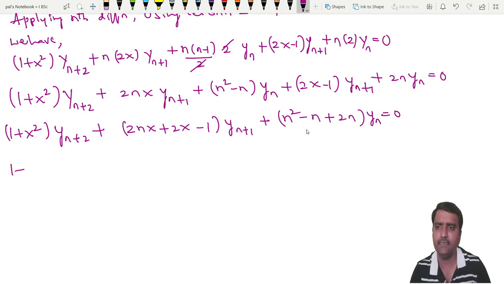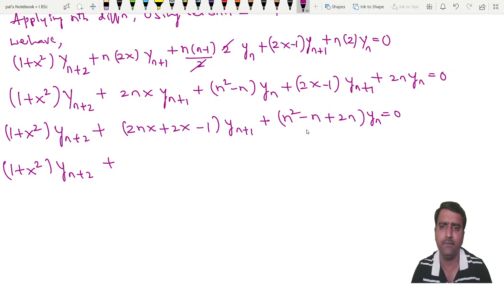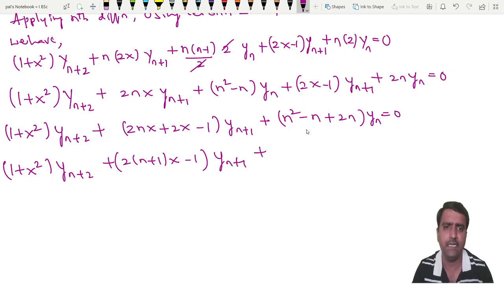So then it is 1 plus x square into yn plus 2, plus from these two terms you take 2x as a common factor, so 2 into n plus 1 x minus 1, this into yn plus 1, plus here it is n square, 2n minus n is n, so n square plus n into yn is equal to 0.